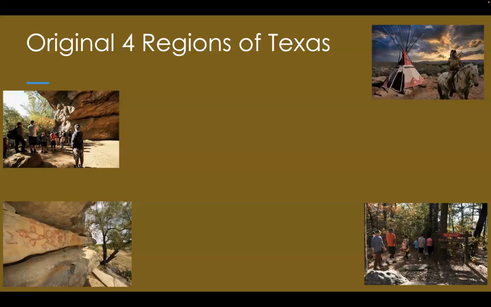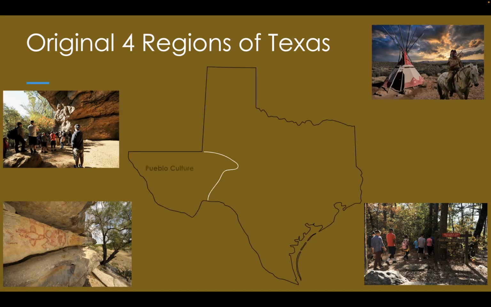And then towards the end of our course, we were transitioning into the First Natives of Texas, and the 4 regions were originally called something else based on the cultures of the Native Americans that first came to Texas. So they looked into that.